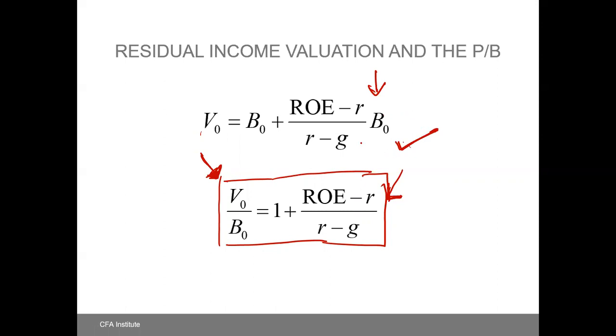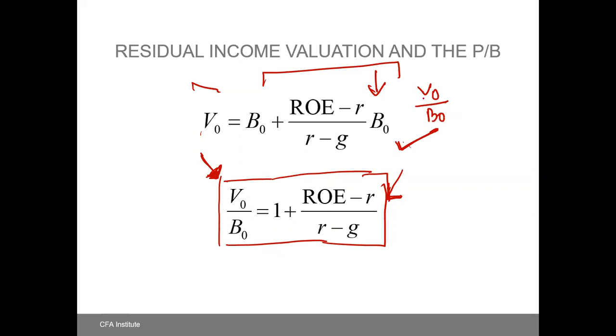Okay, so if we take the book value on both sides, this side and this side, we get this. But how is it possible?